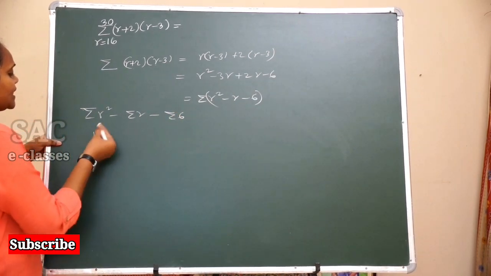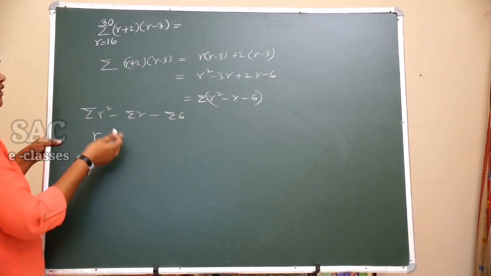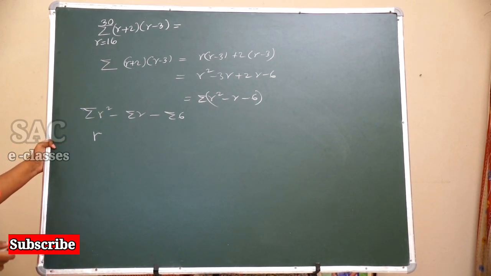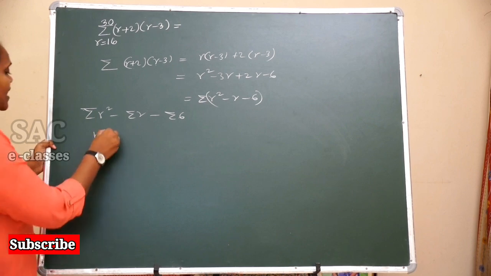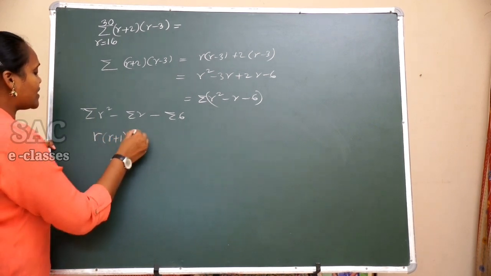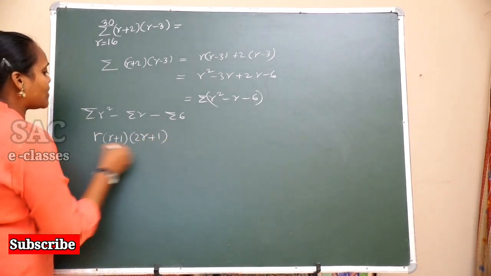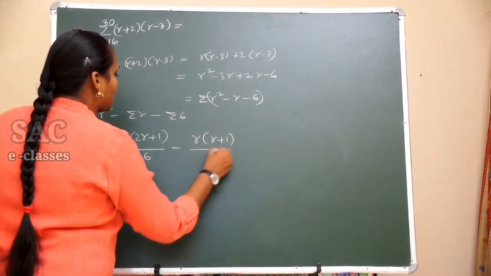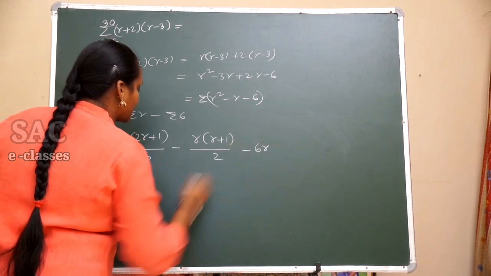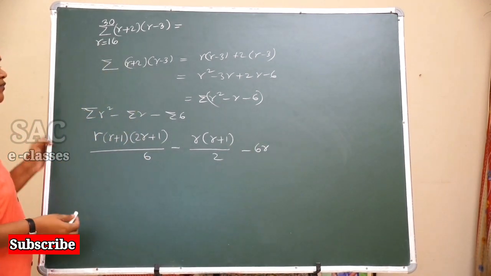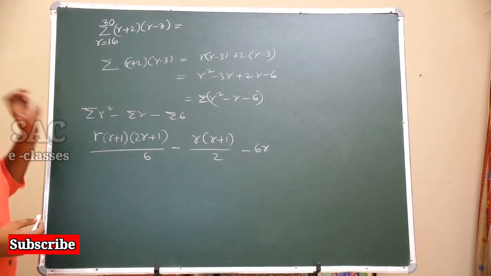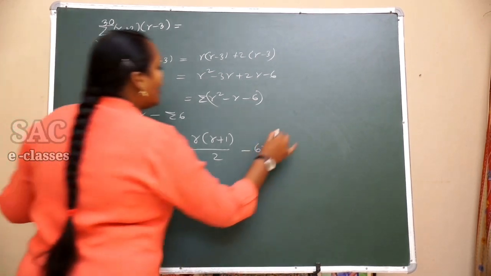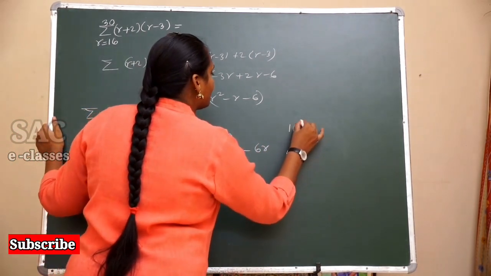You know that sigma n square is n into n plus 1 into 2n plus 1 by 6. So r into r plus 1 into 2r plus 1 by 6 minus r into r plus 1 by 2 minus 6r.